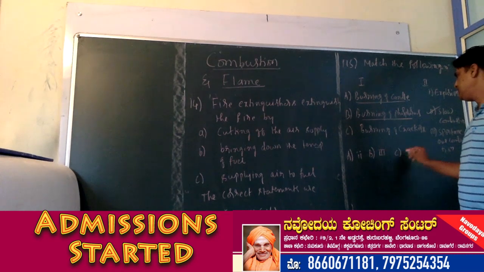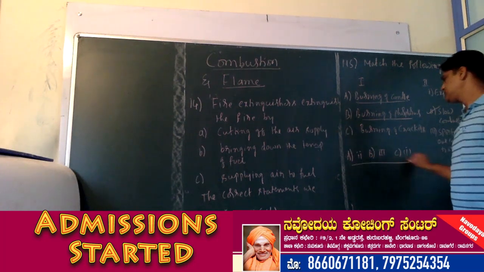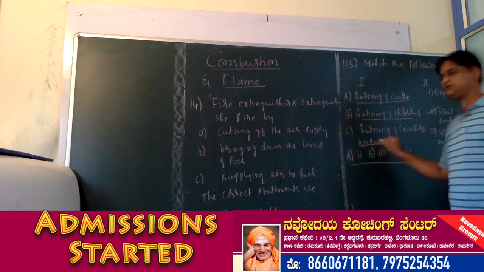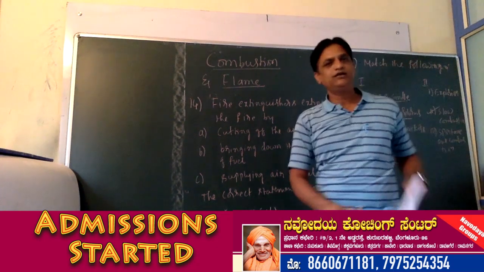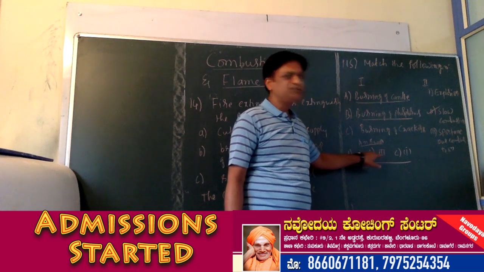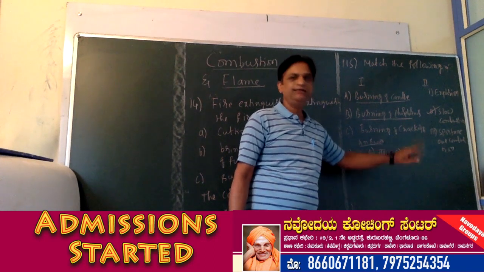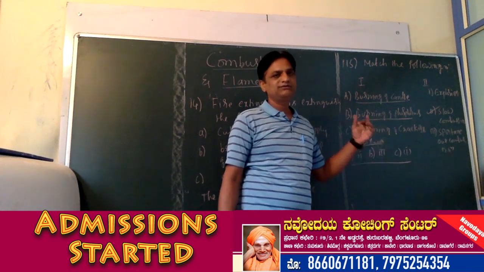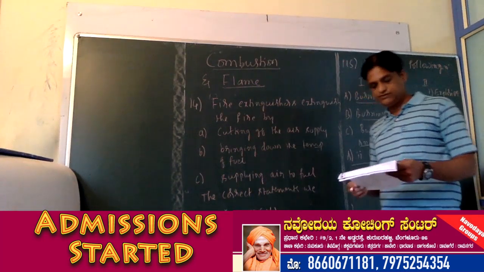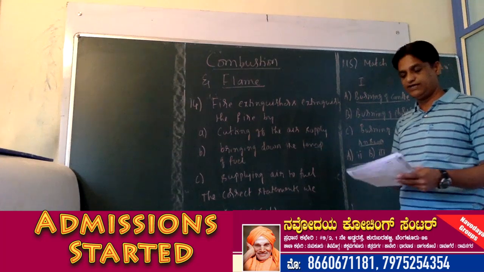And automatically burning of crackers will be explosion. So what is the correct answer? In the options you have to look for option A 2, option B 3, option C 3. So this is how you can also expect questions related to match the following.